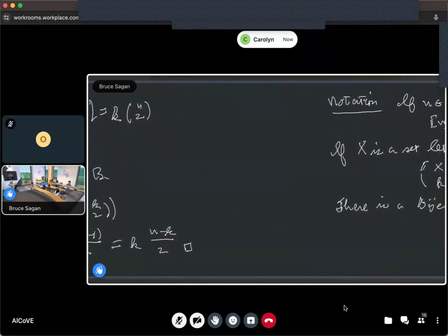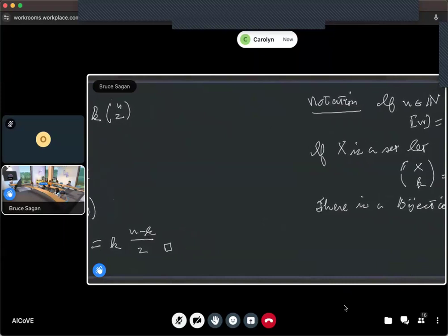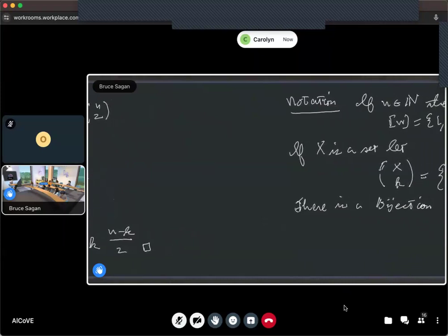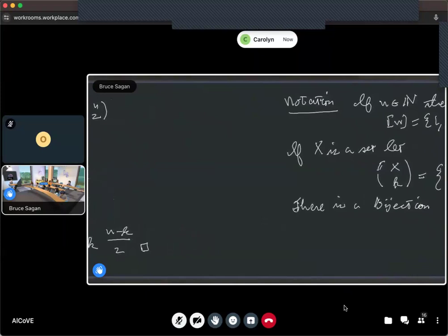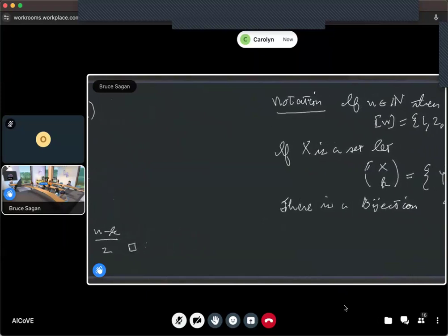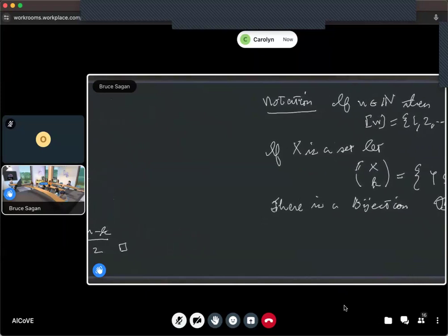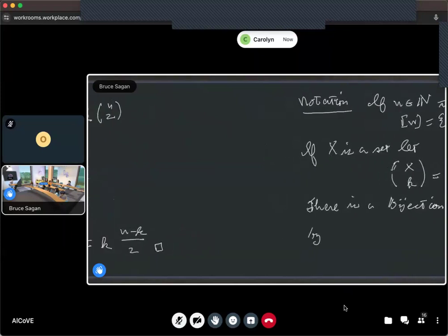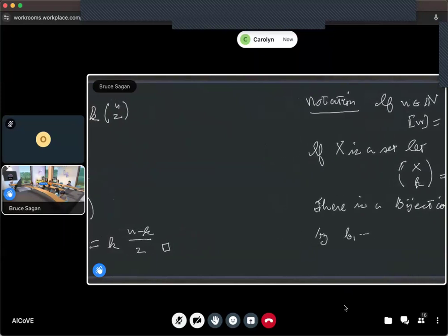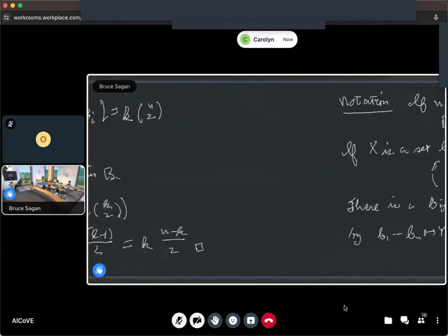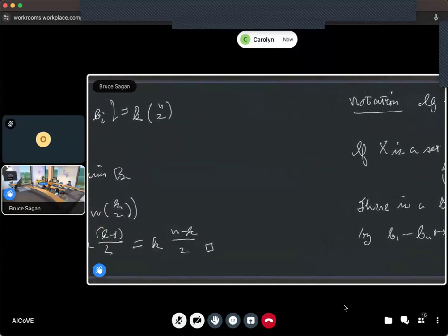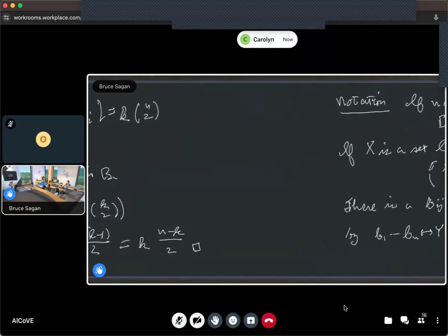So if I've got a bit string b in B n k, let's call the bijection beta. You take your bit string b1 through bn, and you send it to some set y, where the ones tell you which elements to put in y.